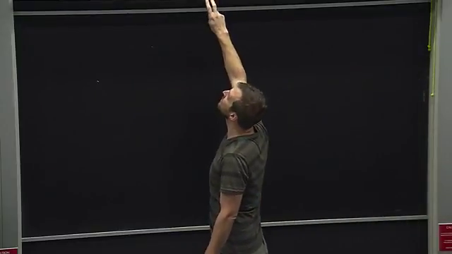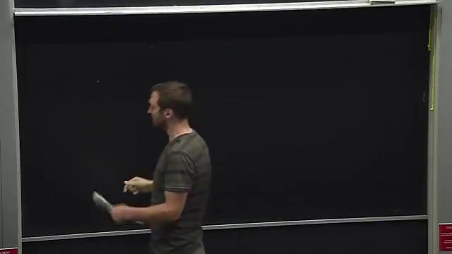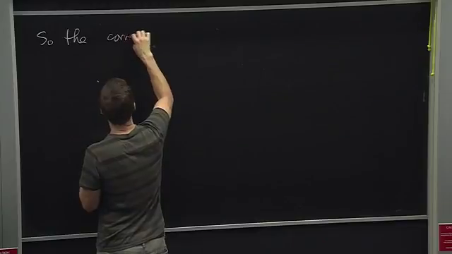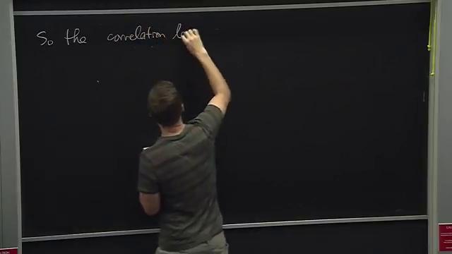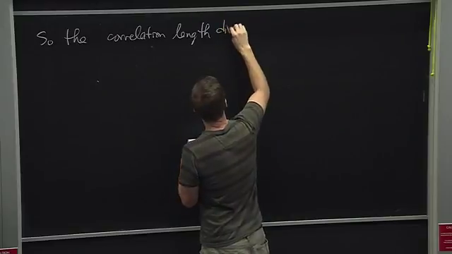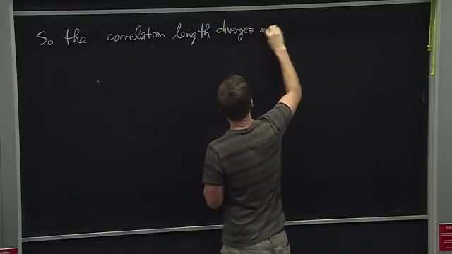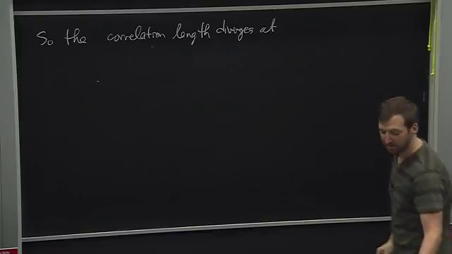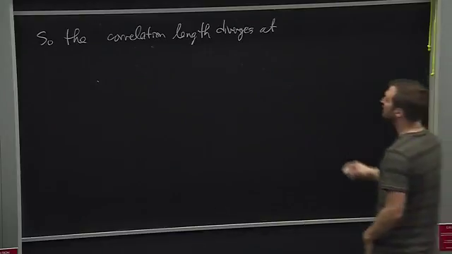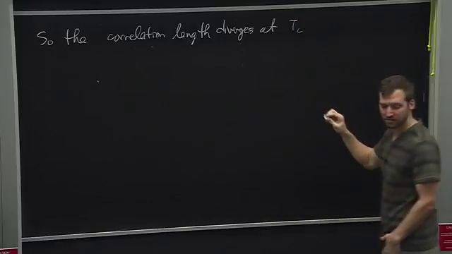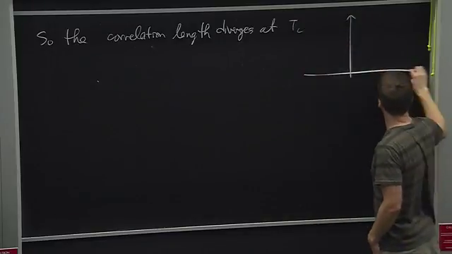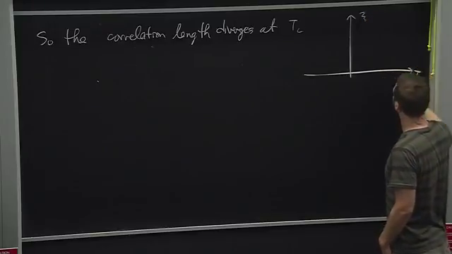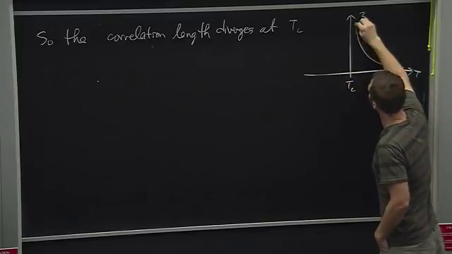Since I can't do simple subtraction, what else am I doing? Oh, I'm defining the correlation length exponent. This board sucks. Okay, so the correlation length exponent. The correlation length is the most important object in all of these analyses. It diverges at T_c. It looks something like this.